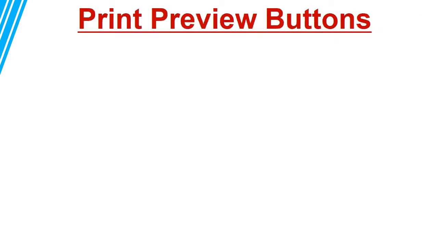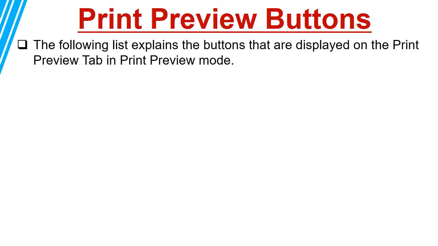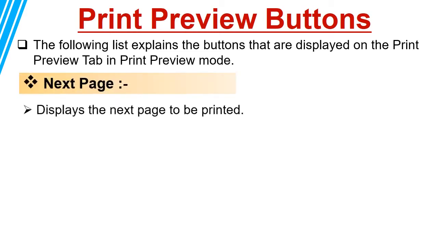Preview buttons. The following list explains the buttons that are displayed on the Print Preview tab in Print Preview mode. Next page button. Display the next page to be printed.